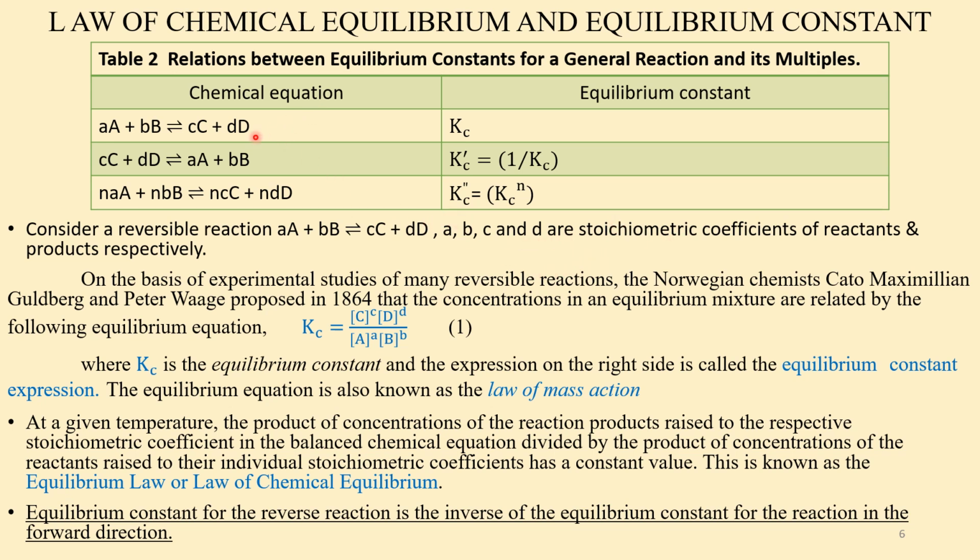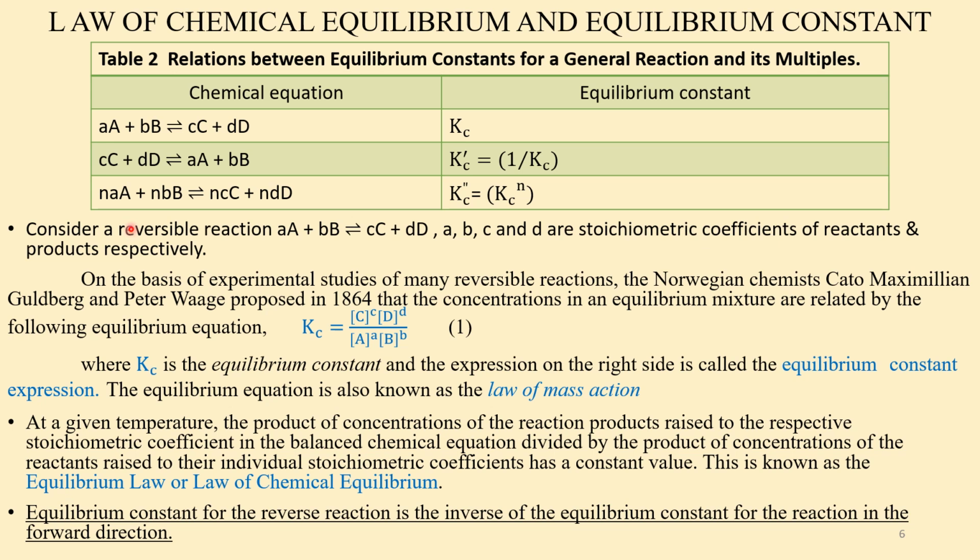So the chemical equation aA plus bB forming cC plus dD, which is a reversible reaction, has equilibrium constant Kc. In the reverse direction, suppose cC plus dD become the reactants and get back the original AA and BB, then the equilibrium constant will be designated as K'c, which is equal to 1 over Kc.